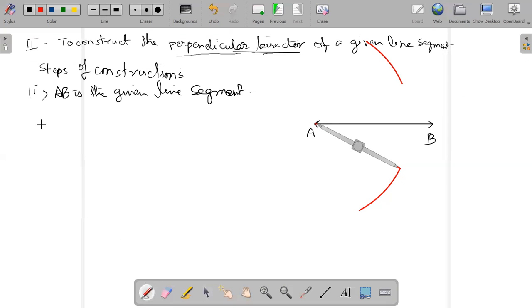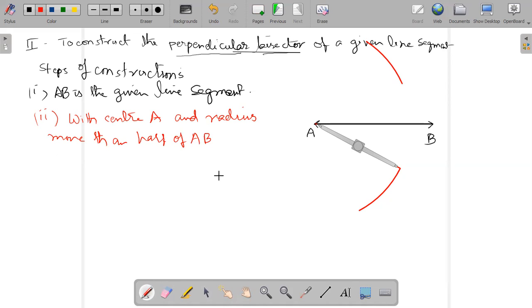So what we have done, second step of construction: with center A and radius more than half of AB, draw arcs on both sides of line segment AB.